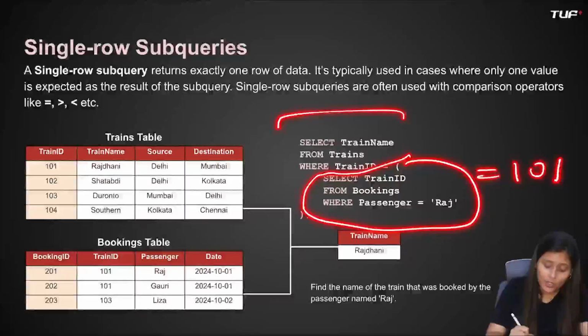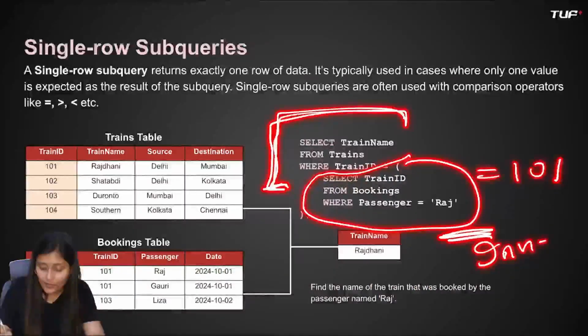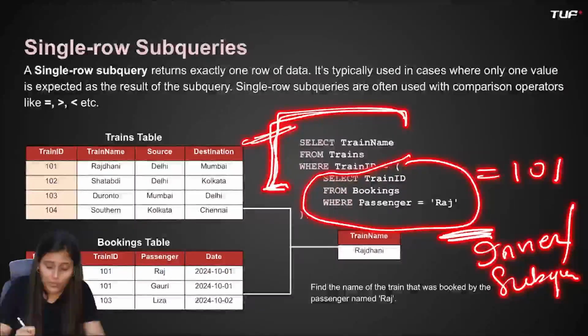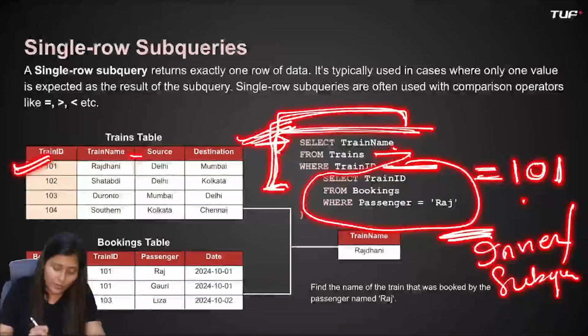Now the outer query, which is the main query, uses the result of the inner query, which is the subquery. It will select the train name from the trains table whose train ID is equal to 101. 101 matches only one case, so it will select the name as Rajdhani.